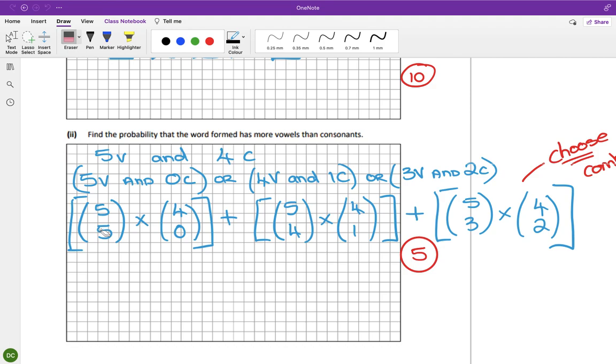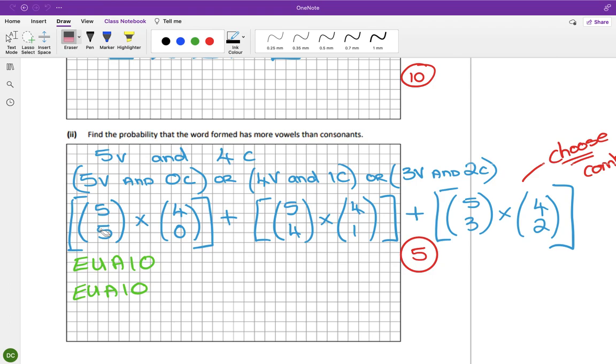So I have E, U, A, I, O. So I have the 5 vowels, and I'm choosing 5 vowels. And so if I do 5 choose 5, I'm getting 1. So there's one way to choose 5 vowels from 5 vowels, which makes sense.